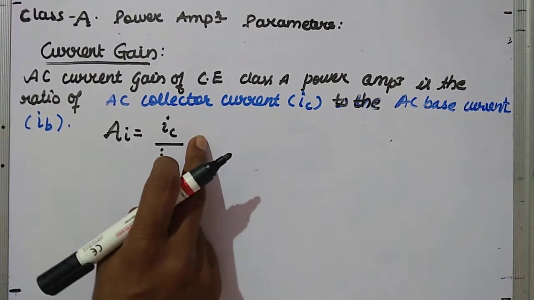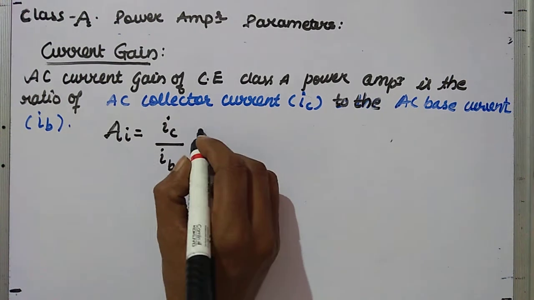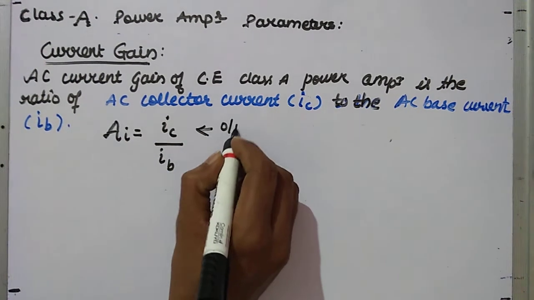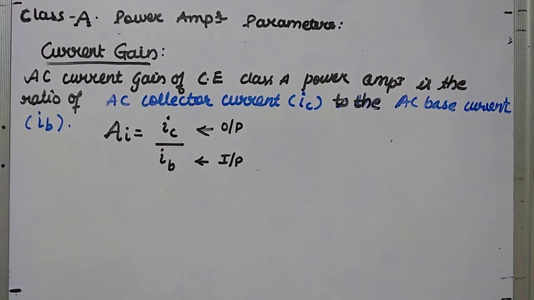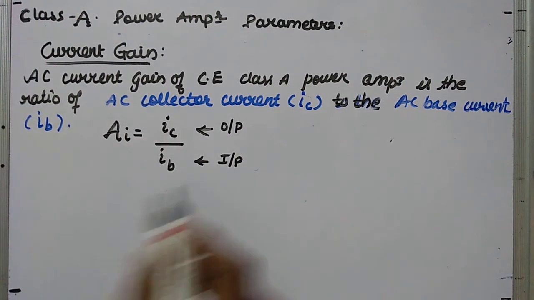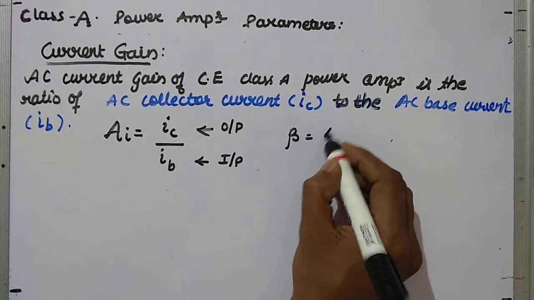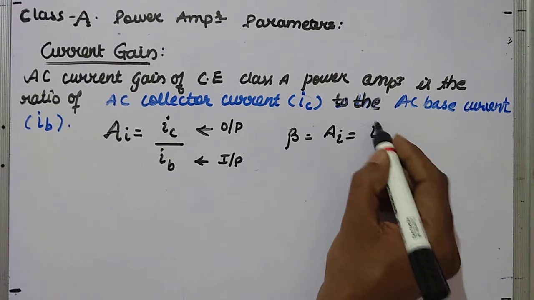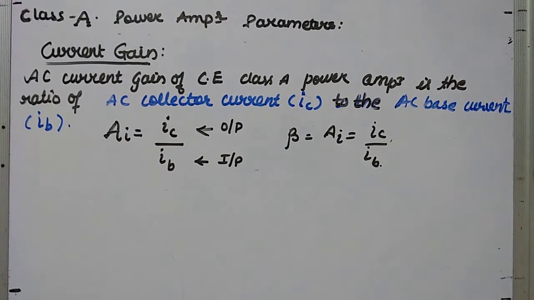This is the output collector current, and this is the input base current. And this we represent here as beta is equal to Ai is equal to IC upon IB. So this is about the AC current gain.